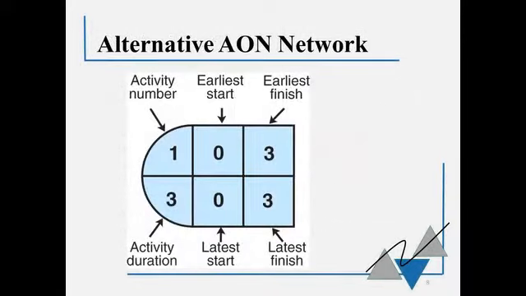Another way to write an AON network is to include not just the activity number or label and the duration, but also to include the earliest possible start time, the earliest possible finish time, and then the latest time that particular activity could start, and the latest finish time, meaning the latest that could finish, and we don't delay the overall project.